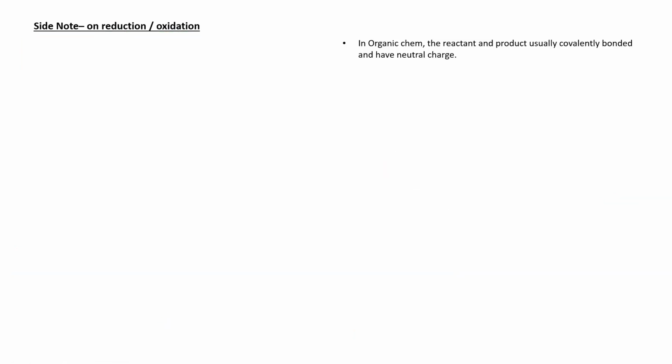So in organic chemistry, reactant and product are usually covalently bonded and have neutral charge. When we talk about the inorganic reaction just now, the redox reaction that we saw in the YouTube video, that is basically between ions, between solid ions. But in organic chemistry, the reactant and the product are usually covalently bonded.